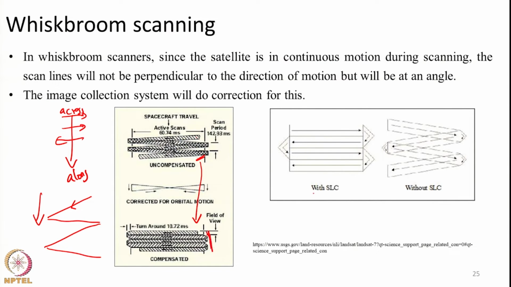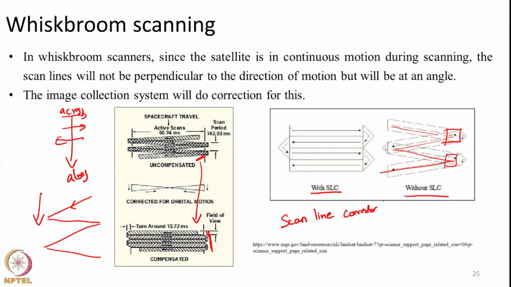With the scan line corrector on, we will have the image properly aligned like this, but without the scan line corrector, the scan lines will look something like this, zigzag with a lot of overlapping pixels.